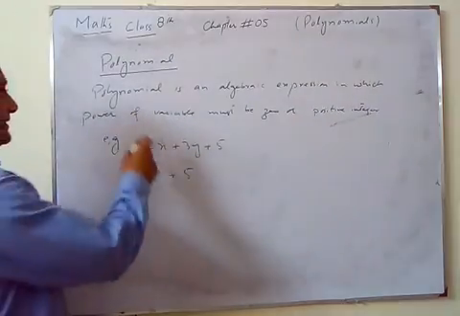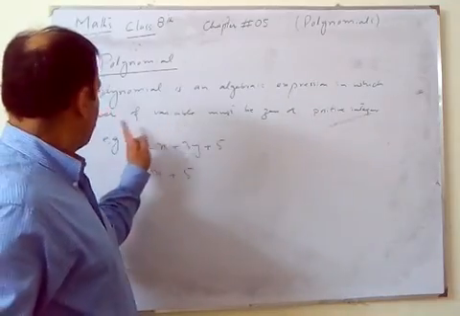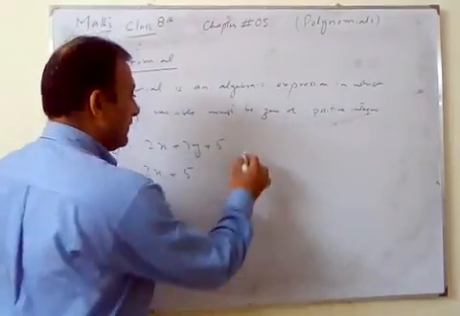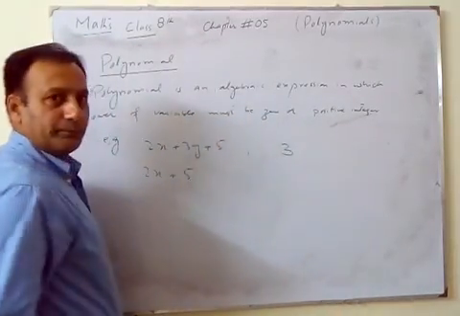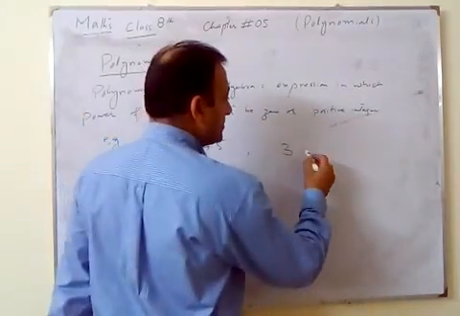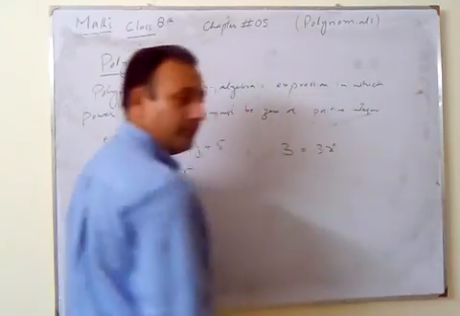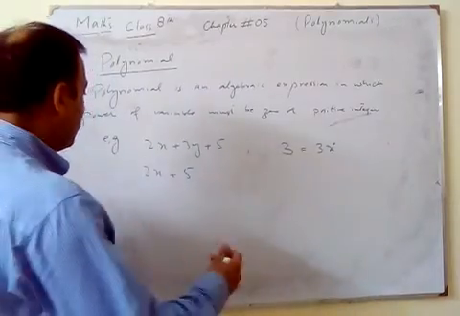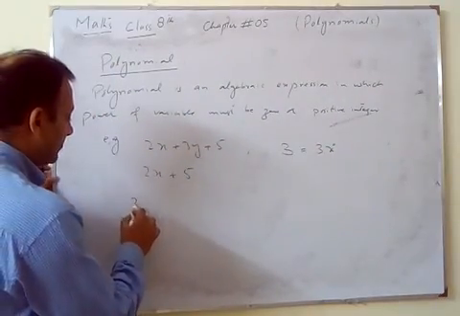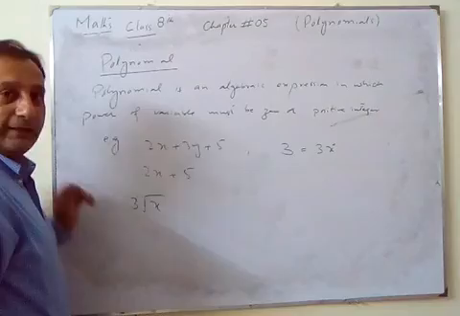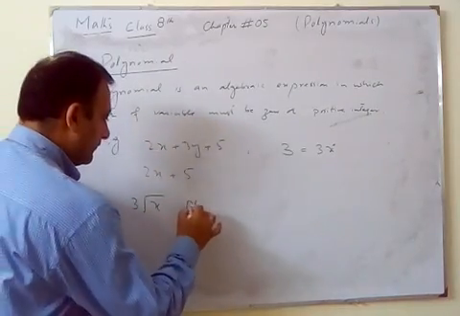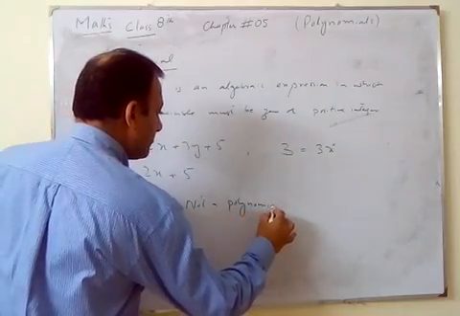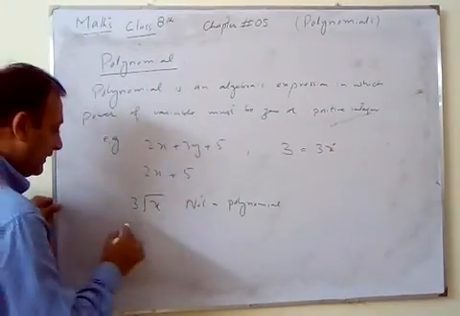If I say the power of the variable must be 0 or a positive integer, then if I write only 3, it is a polynomial because it can be written as 3x power 0. So it is also a polynomial. But if I write 3 into square root of x, this is not a polynomial. Why?